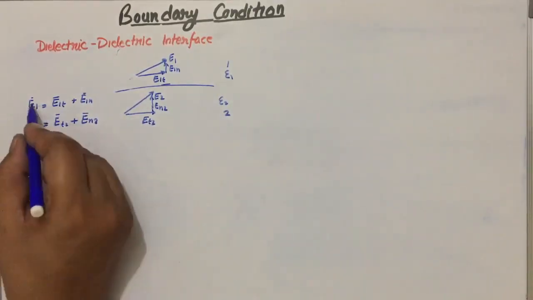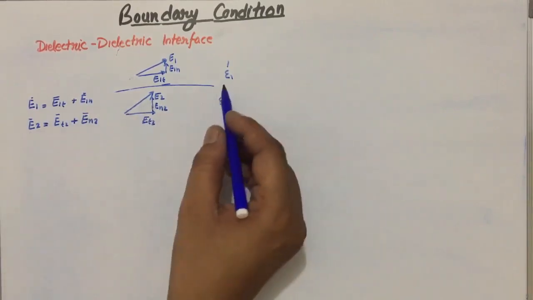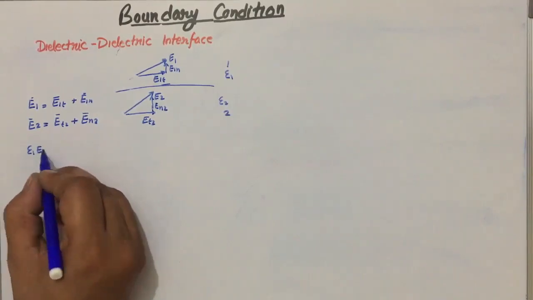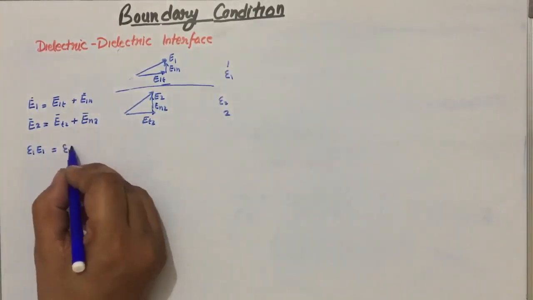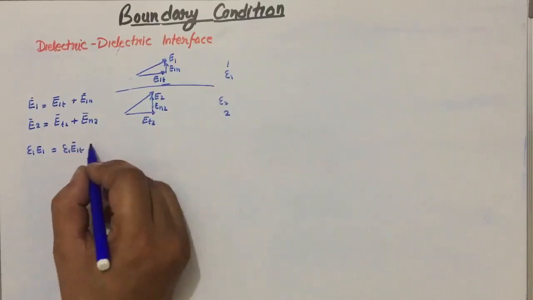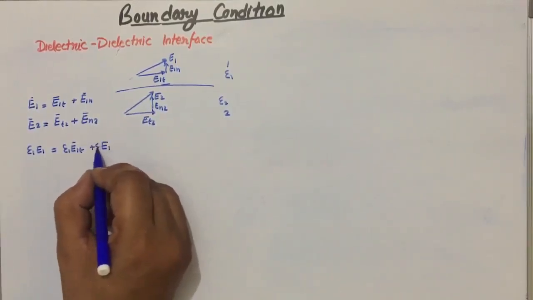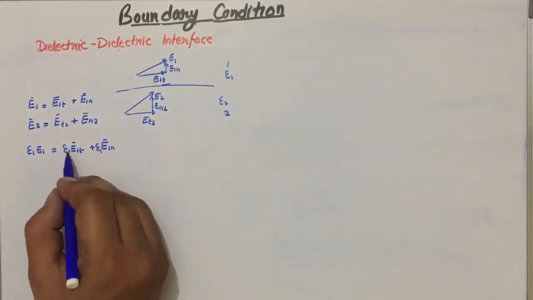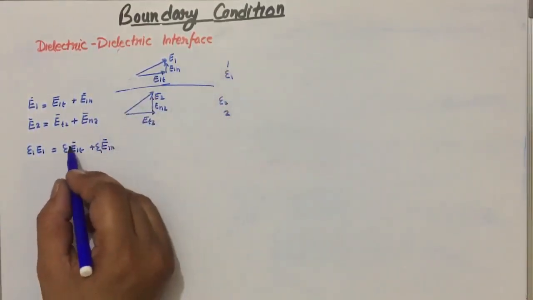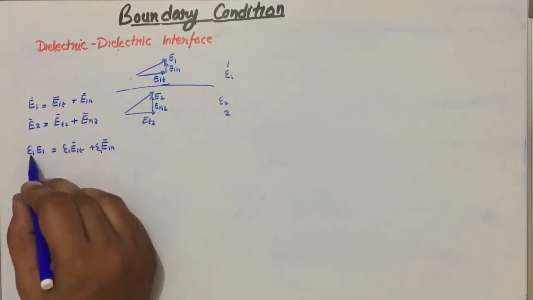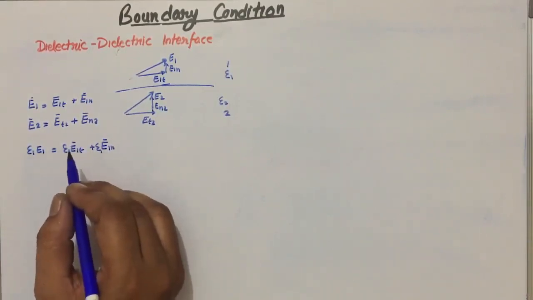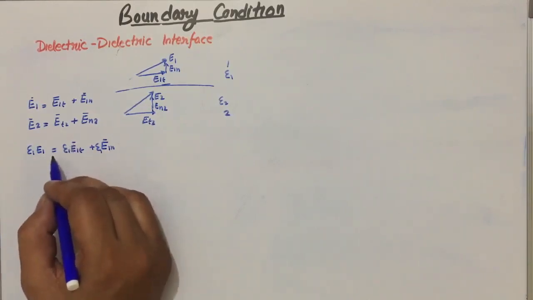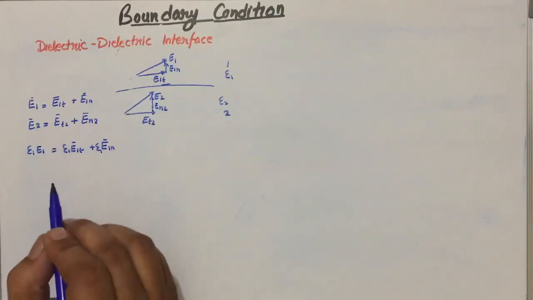If we multiply the permittivity of the medium, then we can write E1T plus E1N, just multiplying with the permittivity of the medium. We can multiply all the terms; it will not affect the rule of the equal sign.